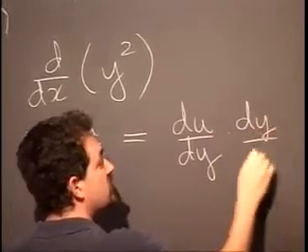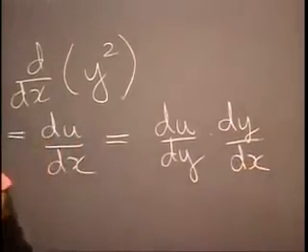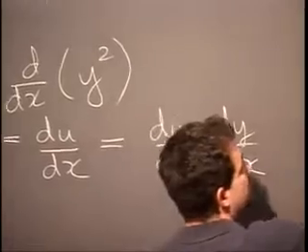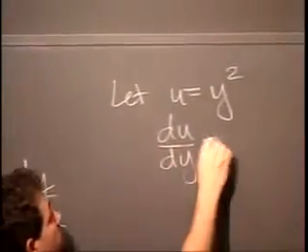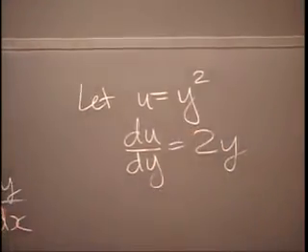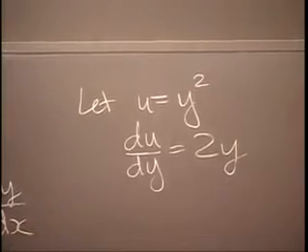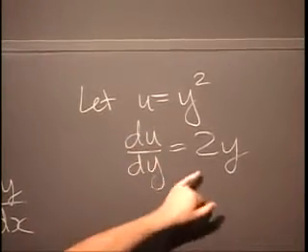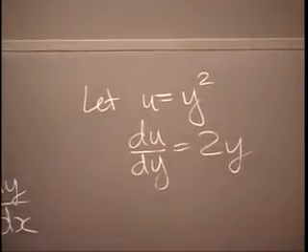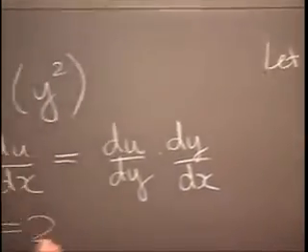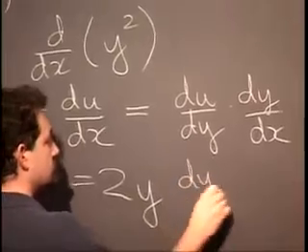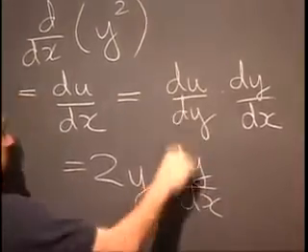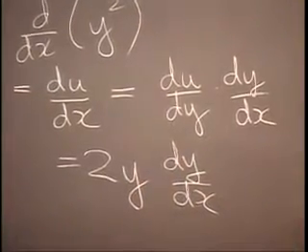So there's the chain rule. Of course, we can come over here. du dy is 2y. No problem there, no implicit differentiation. u is a function of y, it's y squared, so change of u, change of y, du dy is just 2y. So coming in here, du dy is 2y, dy dx is just dy dx.